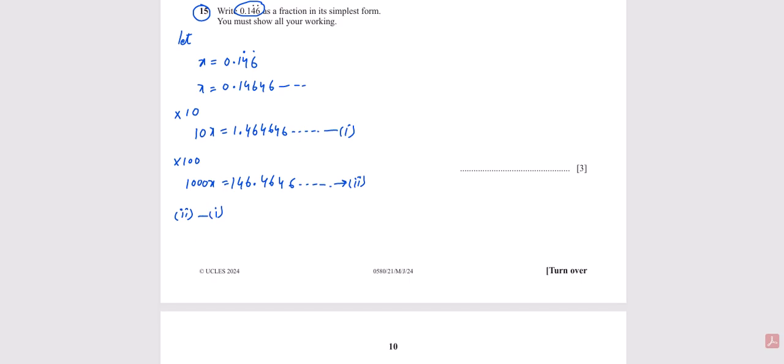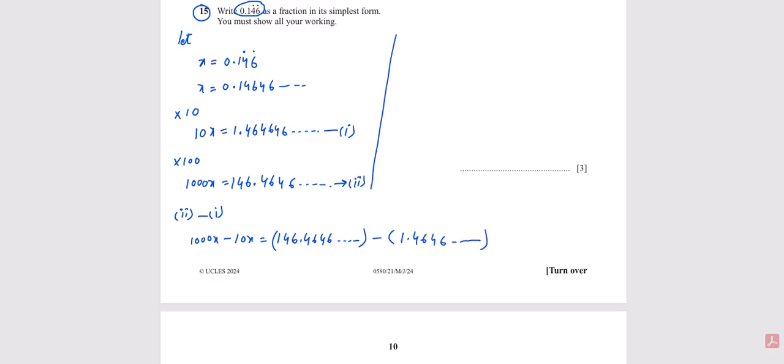So 1000x minus 10x is equal to 146.4646 up to so on, minus 1.4646 up to so on.